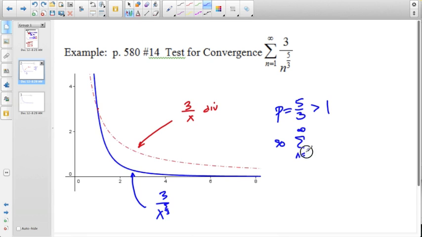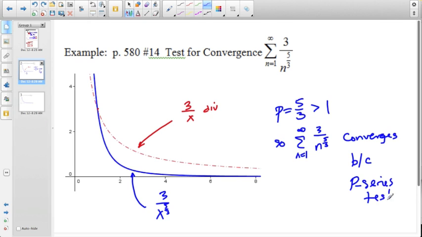The series converges because of the p-series test. And that's really all we have to say about it. We've stated what the value of p is. We've stated the criteria. We know that that's the convergent criteria. This graph just reinforces how severe the pinching is.